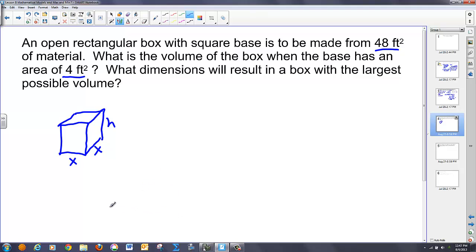So if I have a base with an area of 4 square feet, the area of the base is just the area of this square. So I have 4 is equal to length times width, or x squared. In other words, my x value is equal to 2.